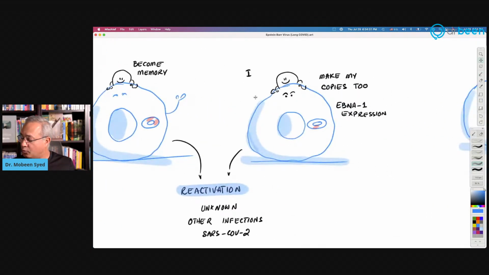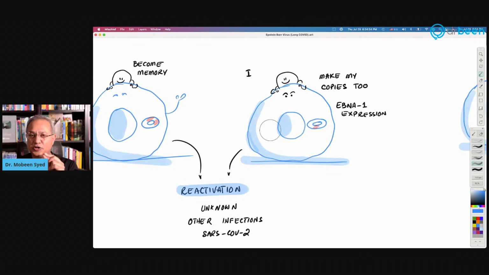Then is the type 1 latency. Type 1 latency is the next stage of becoming dormant and hidden. In this stage, even more genes are turned off. So even the lights are turned off. Even the persons are breathing low now. And what is the virus producing now?